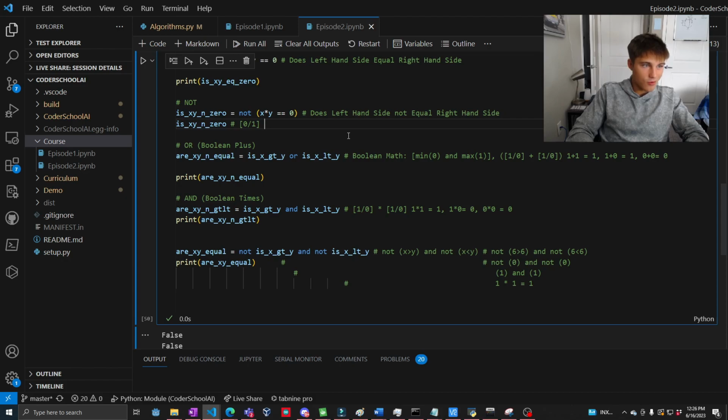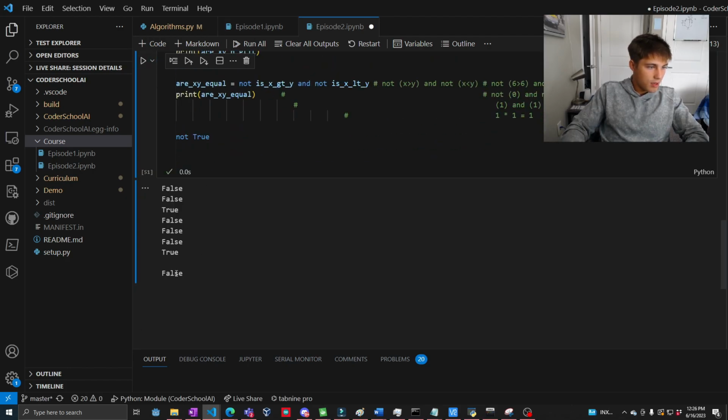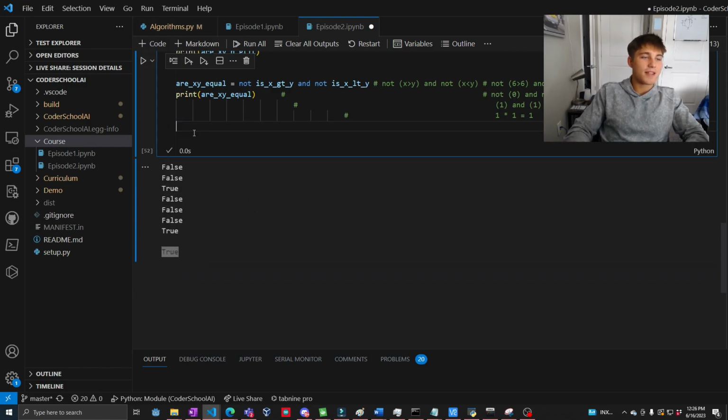Not 0 is equal to 1, not 1 is equal to 0, right? And let me just say not true. Not true should be false, and not false should be true, right? That makes sense with just basic English.